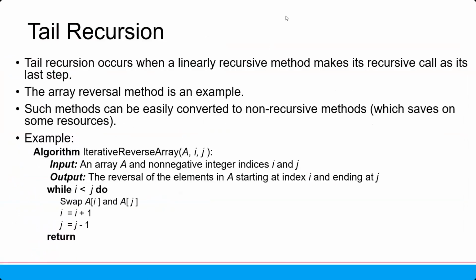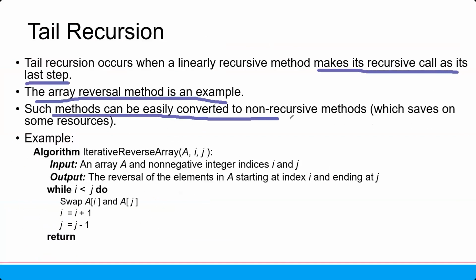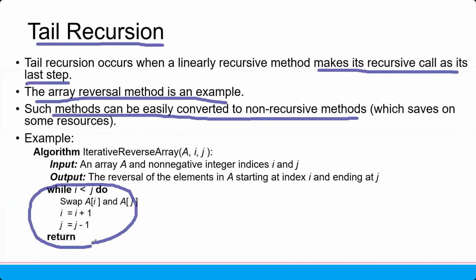So the keyword here is it makes its recursive call at its last step. So if it happens in the last step, then it is still recursive. So the array reversal method is an example. Such a method can be easily converted to non-recursive methods. So usually, if it is a tail recursion, we can make it a for loop or while loop.